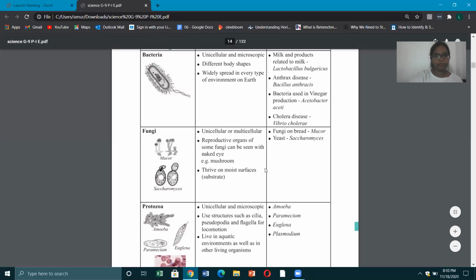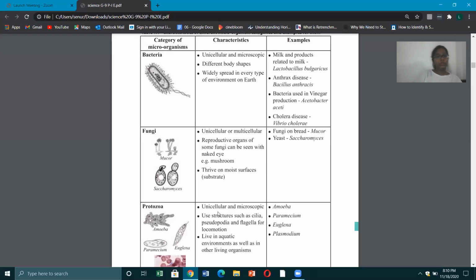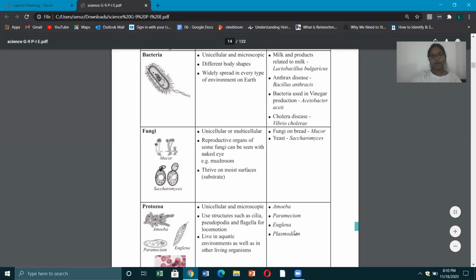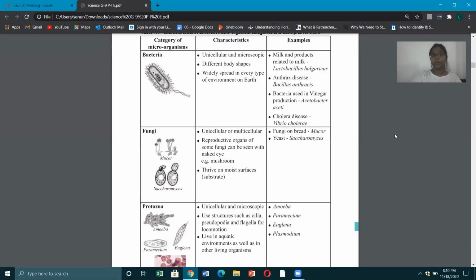And then we take fungi. They are unicellular and also multicellular. There are fungi who are unicellular and there are fungi who are multicellular.